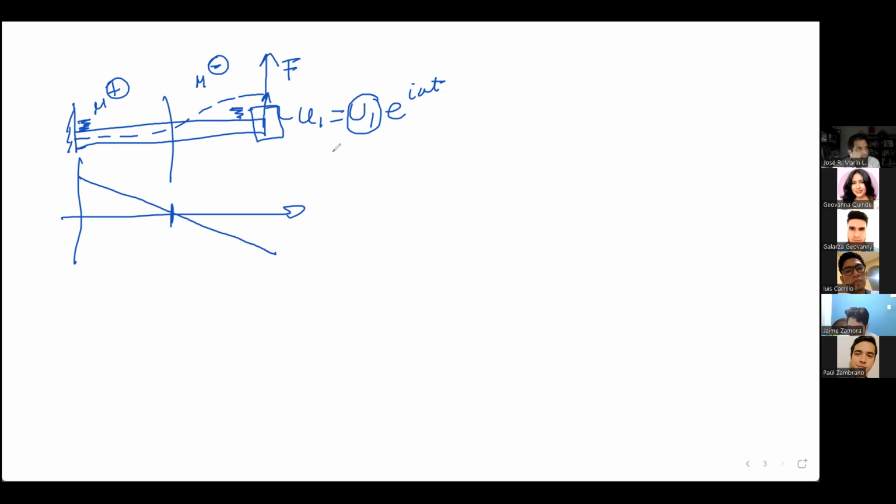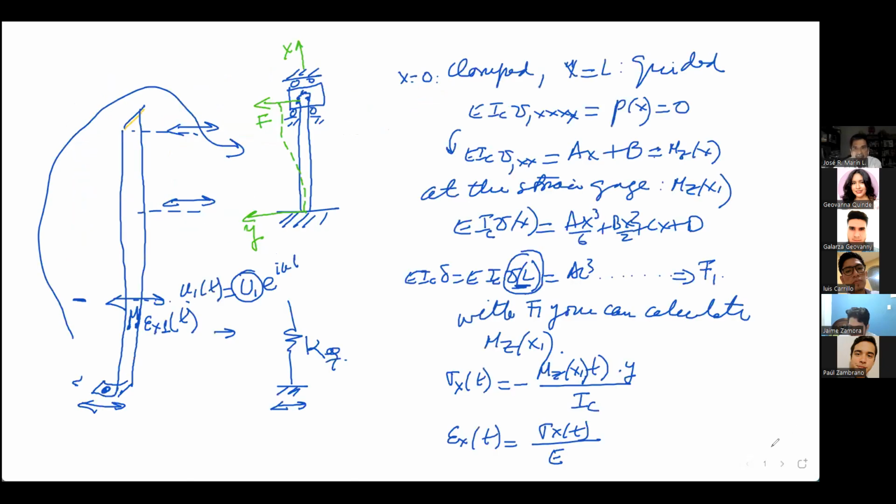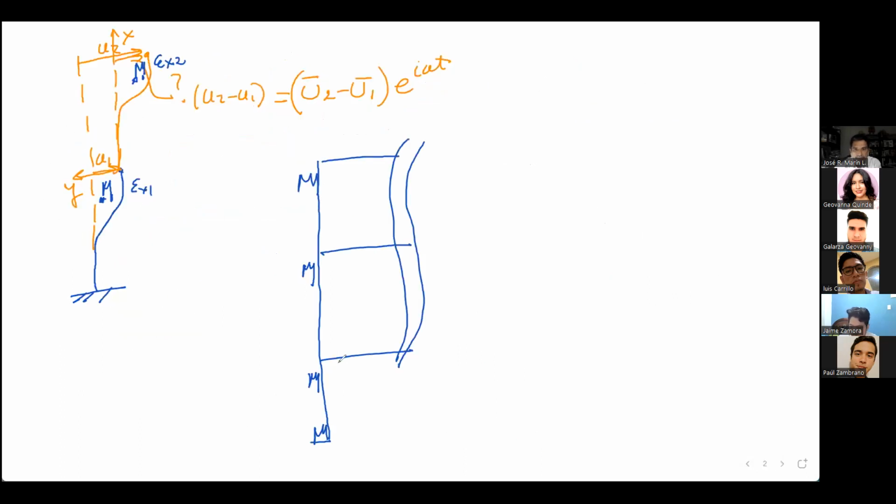Yes. But what about the accelerometer? Oh, okay. Let me close this. Are we clear so far? Okay, now, what about the accelerations? You have this motion, you call it U1, this motion is U2, and this one here is U3, and each one of these you express like this.